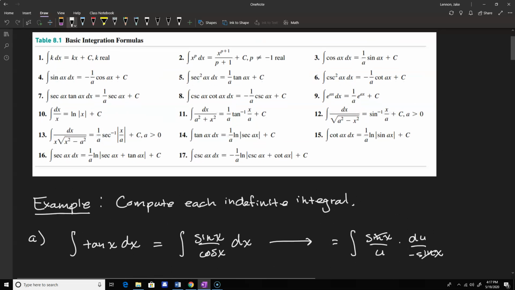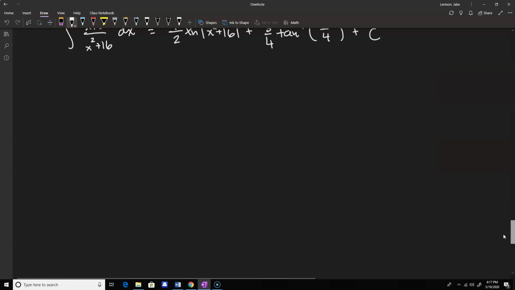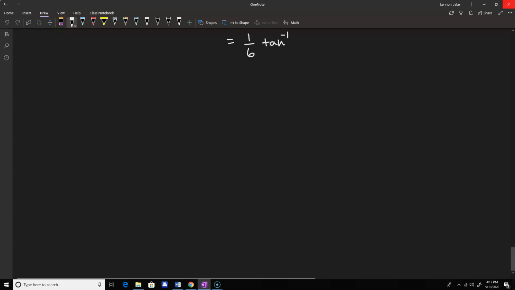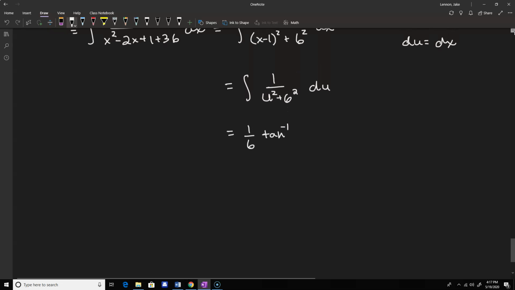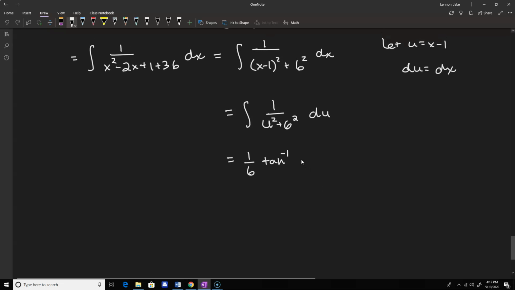So basically if we have a squared plus x squared, a is 6 in our example, so we're going to get 1 over 6 inverse tangent of x over 6 plus the constant. In this case, we're not using x, we're using u, so we are going to have to substitute back. So 1 over 6 inverse tangent of u over 6 plus a constant.